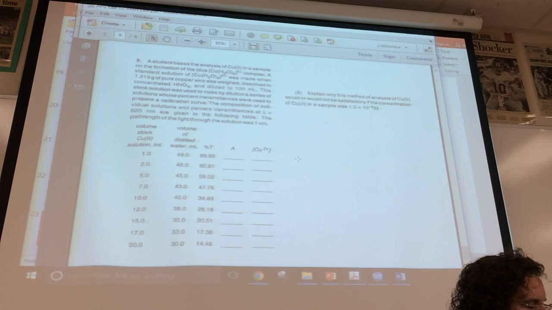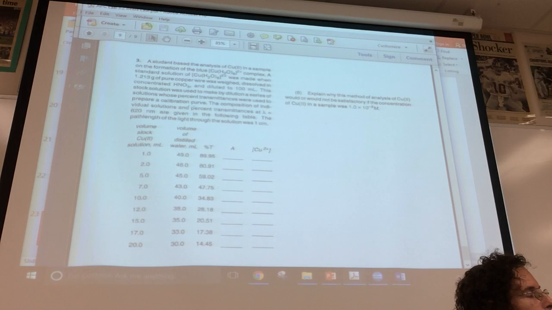And maintaining our sig figs now, we're going to have 0.046. That'll be our absorbance. And you can do that down this line right here. If we have a minute in Excel, we can pop those in and they'll all pop out, and that would be great.